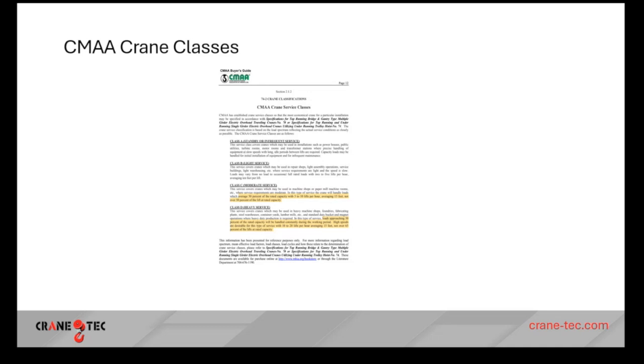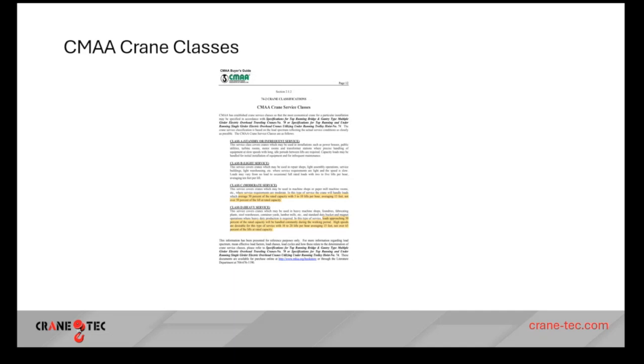If you can find out from your customer what their application is, do they make structural steel or plastic injections? So that's a Class C crane, average 50% of the rated capacity with 5 to 10 lifts per hour, averaging 15 feet, not over 50% of the rated capacity. That's a Class C crane.